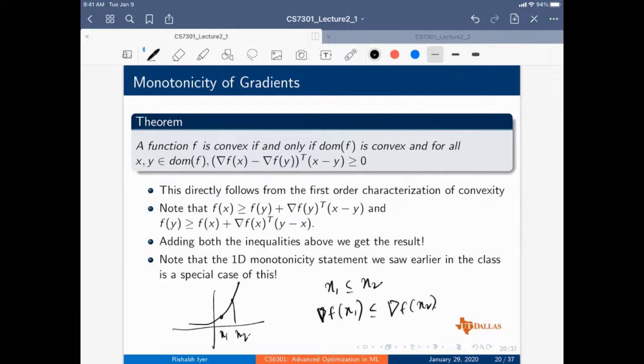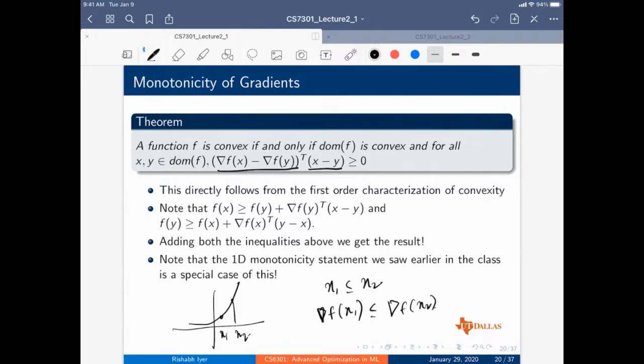Now, the same monotonicity is not very clear in d dimensions. In higher dimensions, what do we mean by monotonicity? One way to capture it is by taking a dot product between x minus y and the difference in the gradients.